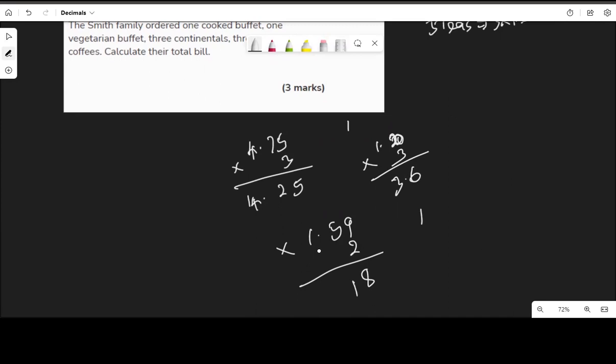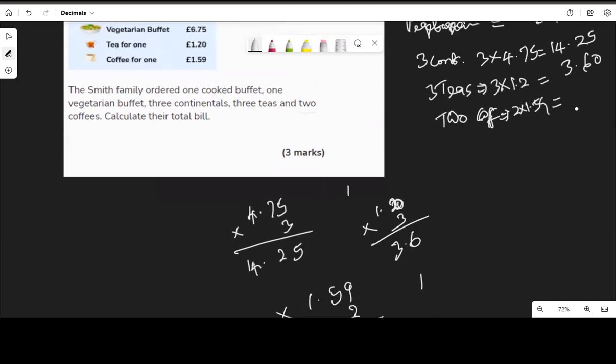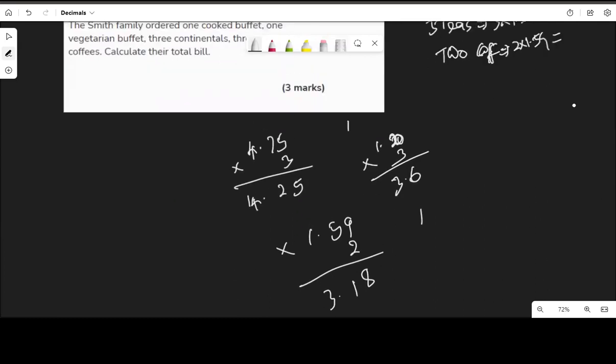Write 1, carry 1. 2 times 1, 2 plus 1, 3. So 3.18. That is the cost of 2 coffees, 2 times 1.59, which is 3.18.